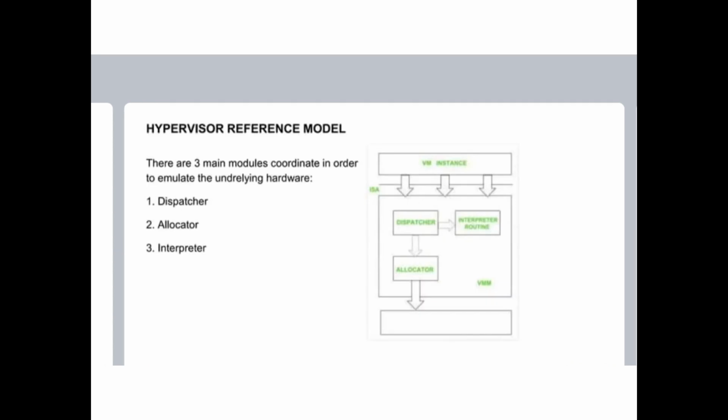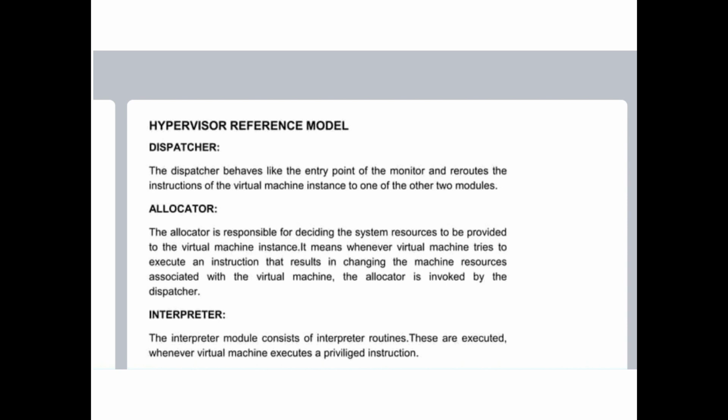Then the hypervisor reference model. There are three main modules coordinated in order to emulate the underlying hardware. The first one is the dispatcher, the second one is the allocator, and the last one is the interpreter. This shows the reference model of the hypervisor. The dispatcher behaves like the entry point of the monitor and reroutes the instructions of the virtual machine instance to one of the other two modules.